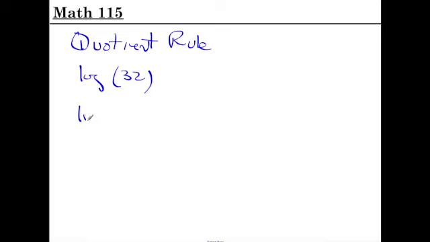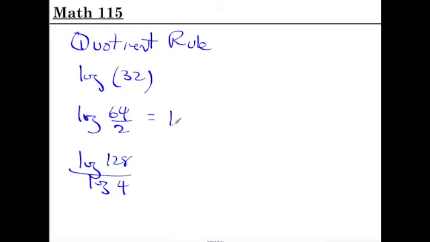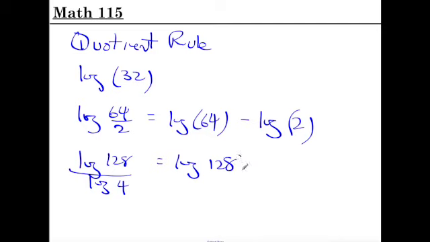I can do the log of 64 divided by the log of 2, right? Or I could do the log of 128 divided by the log of 4. And that would all give me the log of 32. But if I wanted to write it this way, because it's division, it would be the log of 64 minus the log of 2. And it would also be the log of 128 minus the log of 4.